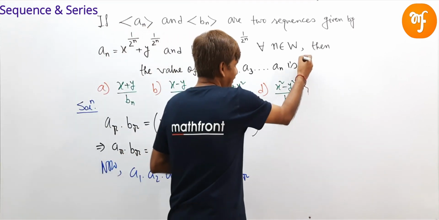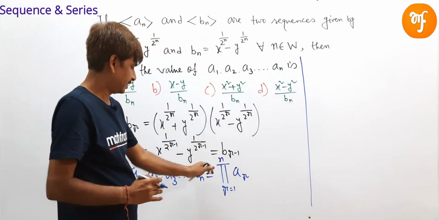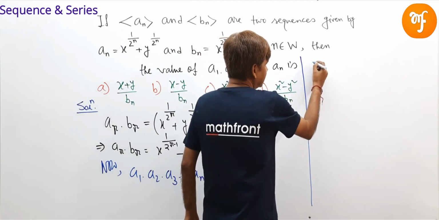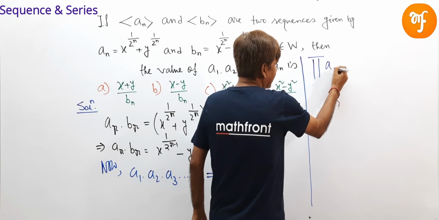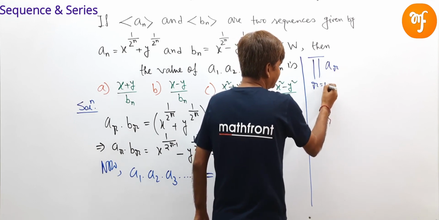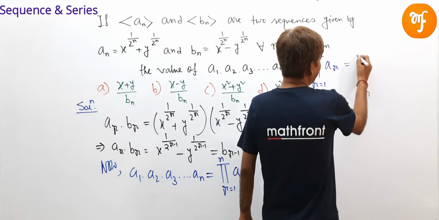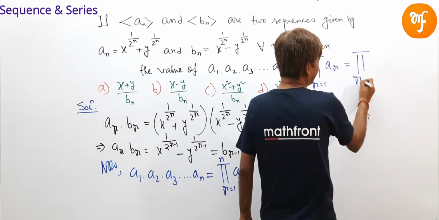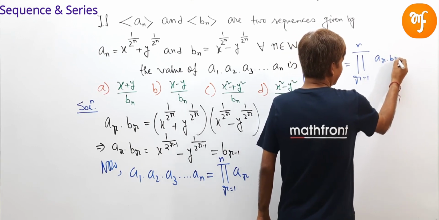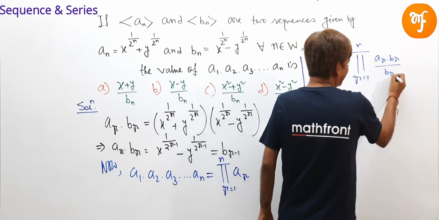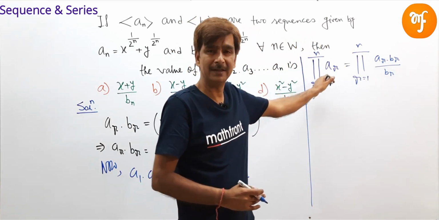Now let's look what we can do. Now this pi of ar, r from 1 to n can be written as pi of r equal to 1 to n ar into br divided by br. That is, we just multiplied and divided this ar by br.